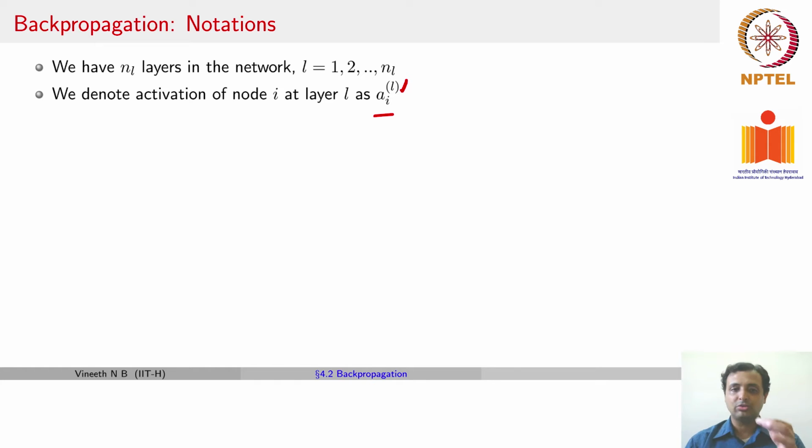We are now looking at the ith neuron, which is the node i that we are talking about, and we are looking at the Lth layer of the neural network. And the activation is simply the output of that particular neuron.